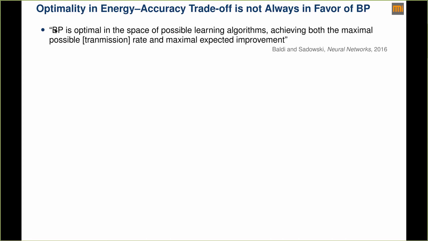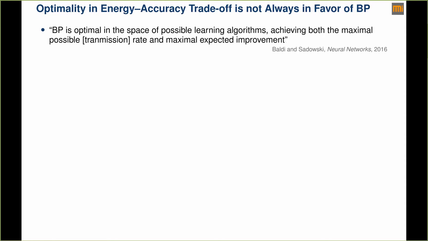There have been studies, this is a quote from Pierre Baldi's paper, saying that backpropagation is optimal in the space of learning algorithms, in the sense that it achieves the maximal transmission rate. By transmission rate I mean how much information you need to transmit from one layer to another versus the expected improvement. So this is true. If you don't care about the hardware that's implementing your learning algorithm, you should implement backpropagation, and end of discussion.